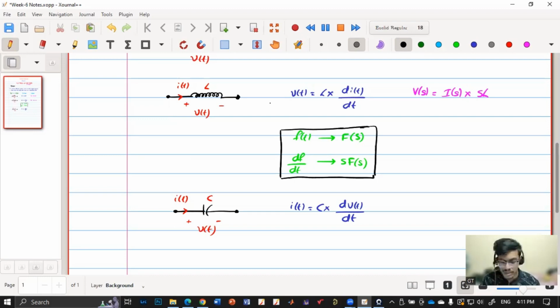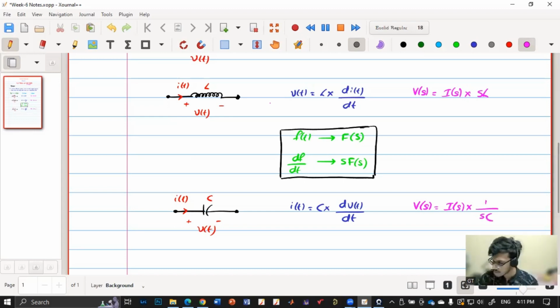So now if I bring all the terms to the left-hand side and keep only V of s on one side, we'll get V of s equals I of s into 1 by C into s, or sC, whichever way you want.